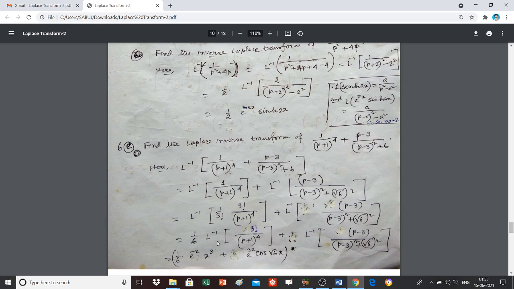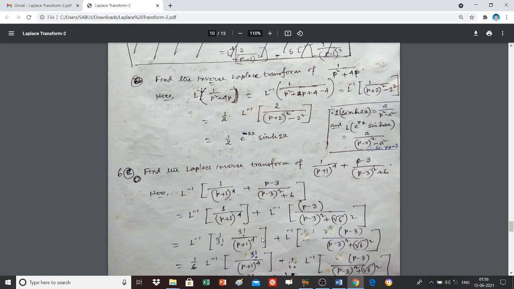From here you can write 1 by 6, because 3 factorial is 6, L inverse 3 factorial by p plus 1 to the 4, plus L inverse p minus 3 by p minus 3 whole square plus square root 6 square, and the result is here. The reasons are also stated here, because the first term is 3 factorial by p plus 1 to the 4. Go to here.